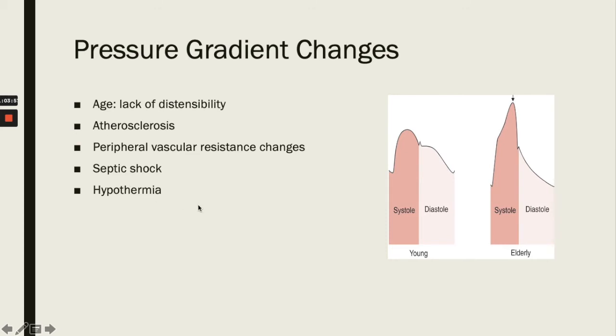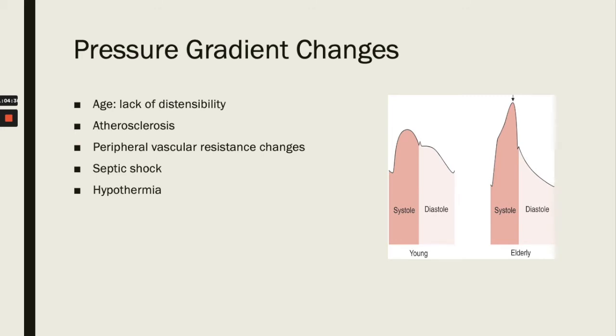So atherosclerosis causes some changes, peripheral vascular resistance causes changes, septic shock, and hypothermia. And we may see a difference between two arms with vascular changes, because some patients may have sclerotic veins in one arm, or not veins, I'm sorry, arteries in one arm versus the other. In septic shock, if there's a femoral line, the femoral artery pressure may exceed the radial pressure by greater than 50 millimeters of mercury, just due to the nature of septic shock.